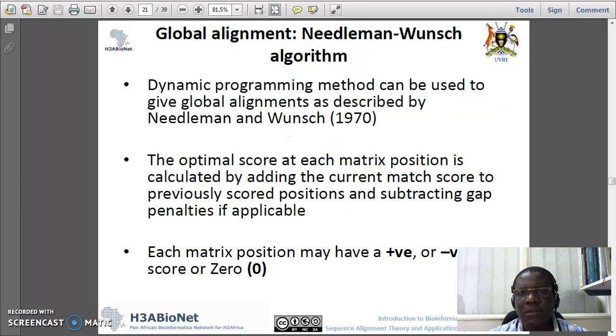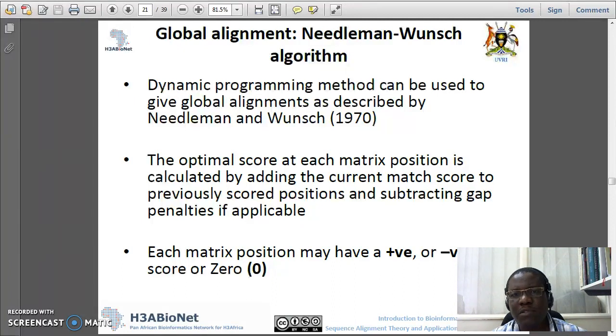What about the algorithms themselves? We said for the global alignment, that is to align the entire length of your sequences, you go with the Needleman-Wunsch algorithm. This was derived from the dynamic programming method, and it was first used in 1970.